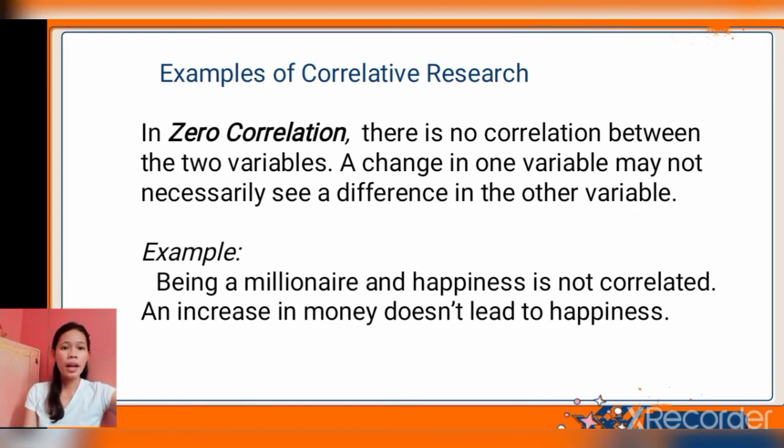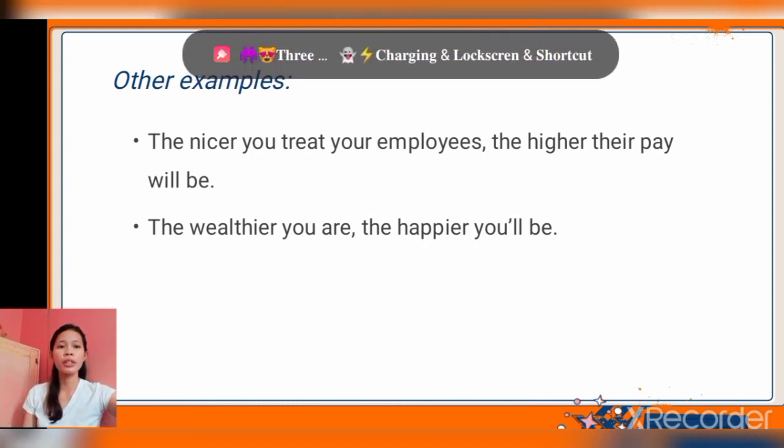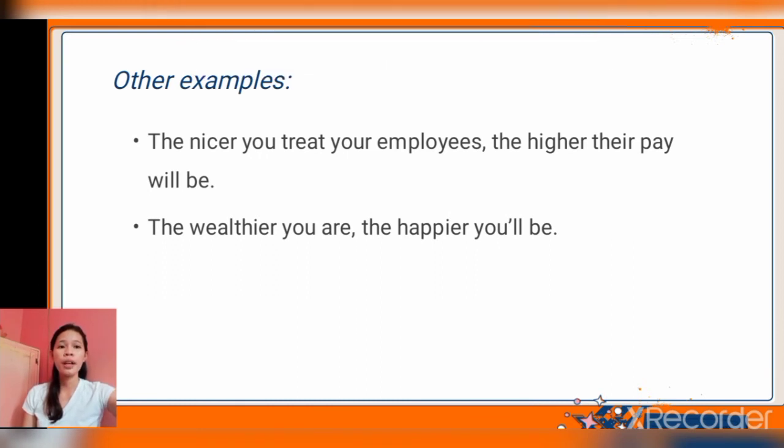Then, other examples: the nicer you treat your employees, the higher their pay will be. So here it is a zero or no correlation, because your treatment or your attitude towards your employees is not the basis for you to give them higher pay or a higher salary.